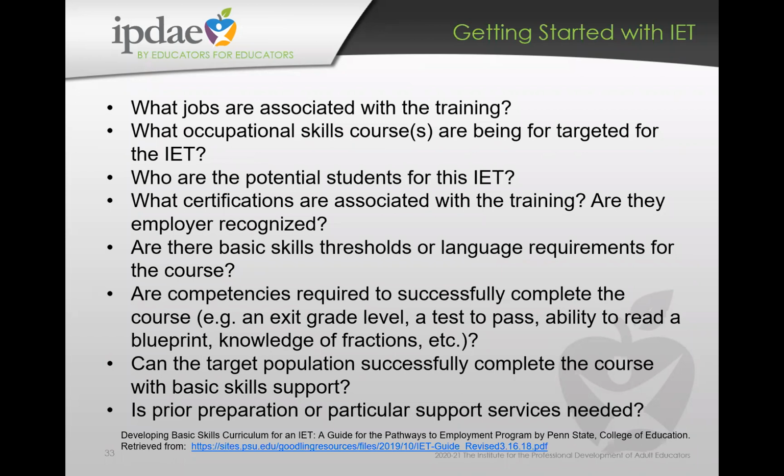So who are those students? Not everybody that you're teaching right now is going to be a fit, or would choose to be part of an IET program. So making your vision of how that's going to be clear, and communicating that vision to all of your students, is very critical to getting the right students on the correct track.